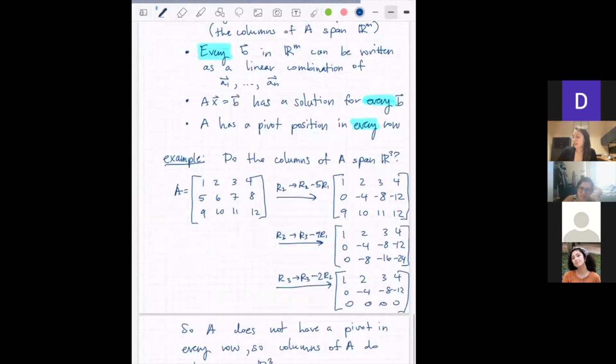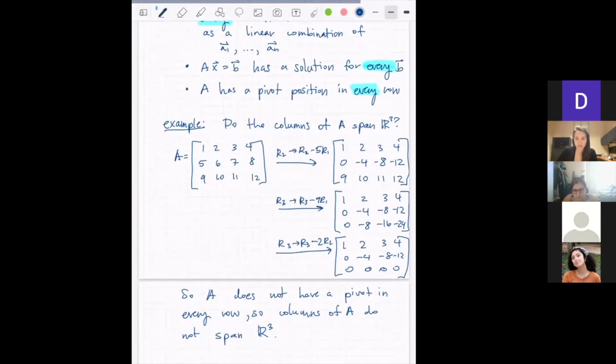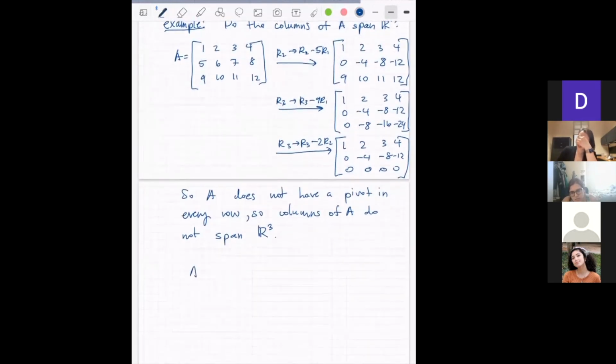Right. So for instance, here, we did this example. Let's rewrite A. It row reduces to, just taking the last step and then dividing the second row by -4, something with a row of 0, 0, 0, 0.